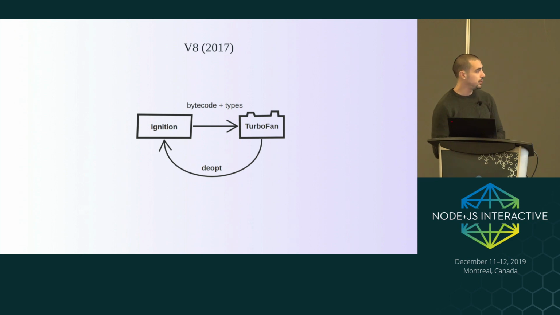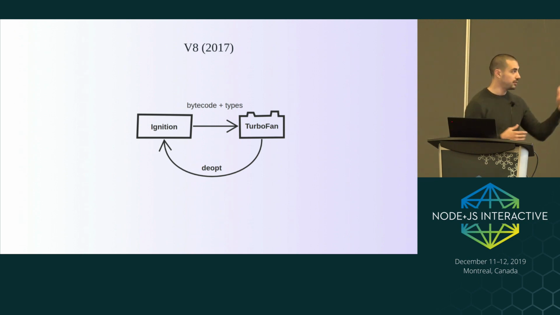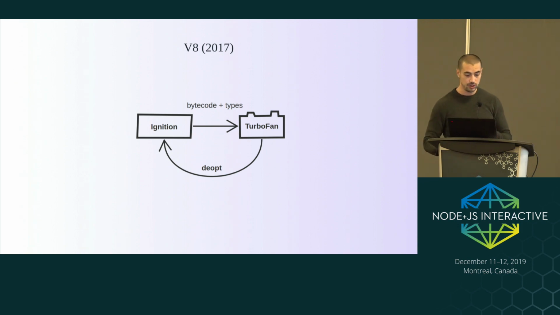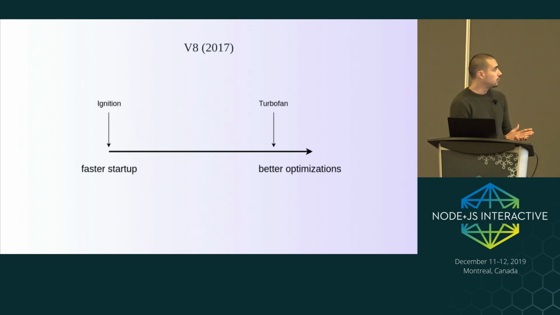And once they felt very confident with this new architecture, they changed from having 2 compilers to having 1 interpreter and 1 optimizing compiler, in this diagram called Ignition and TurboFan, which replaced what previously was Crankshaft.